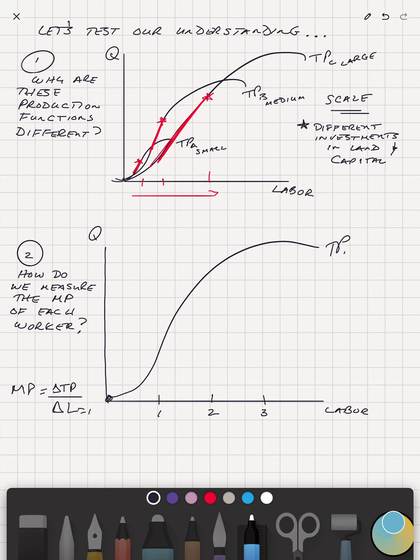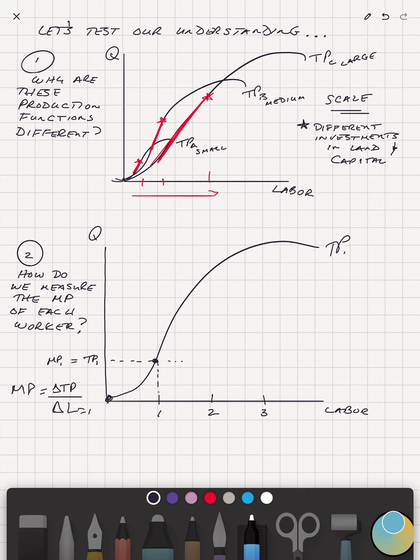So I started off at 0 and I hired that first worker. Clearly here, the total product of the first worker is equal to the marginal product of the first worker simply because I started with 0. What if I hire the second worker?